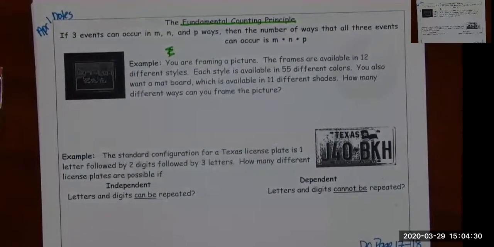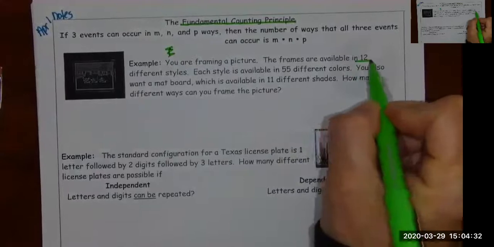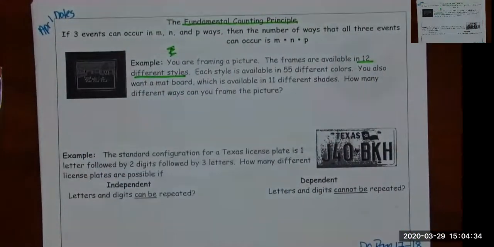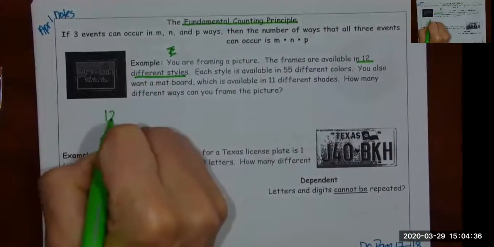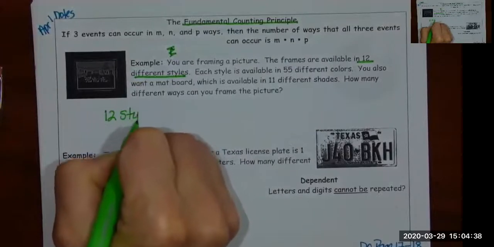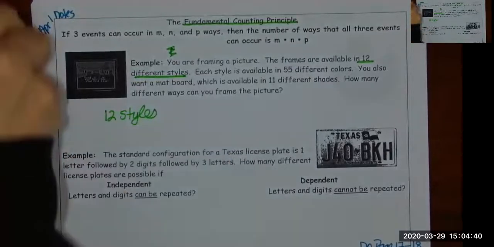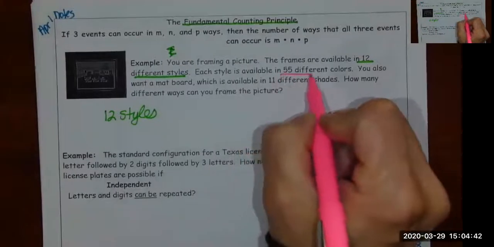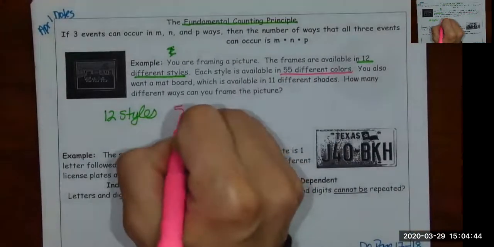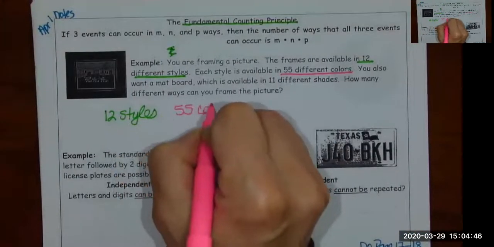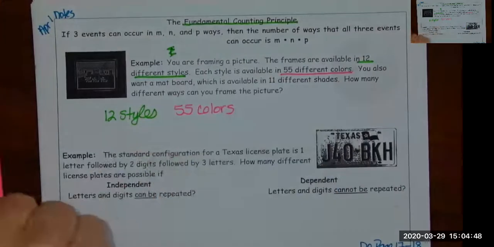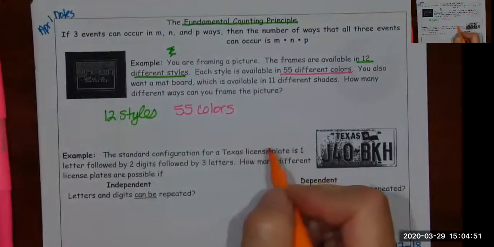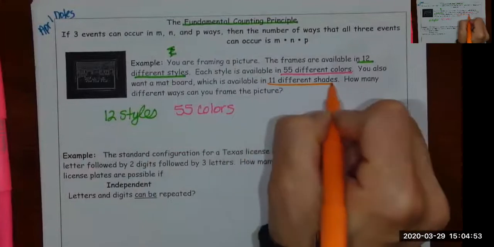The frame is available in 12 different styles. So that's 12 styles. Each style is available in 55 colors. So right away, you know you don't want to make a tree diagram. And 11 shades.